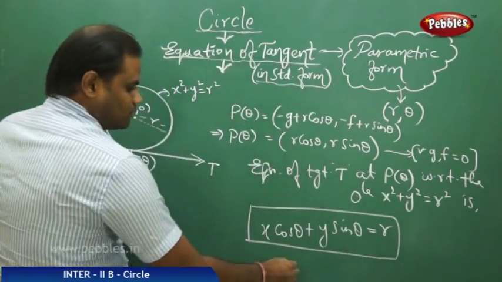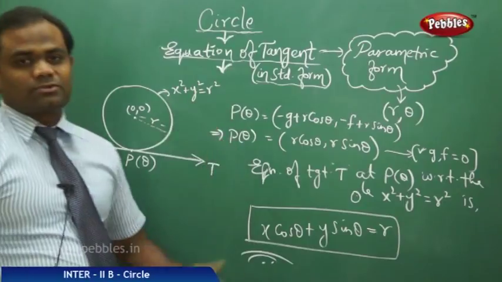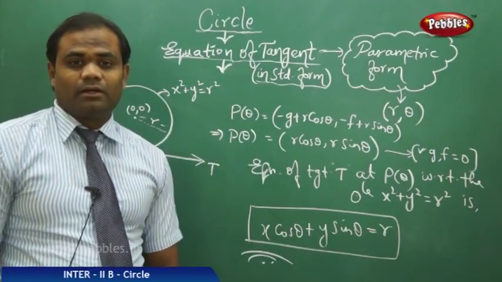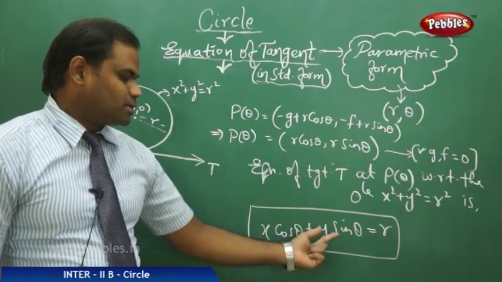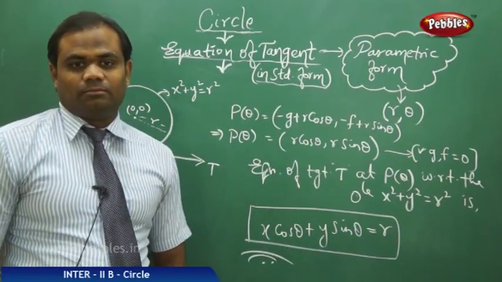This is how we understand the equation of tangent at point P(theta) for the circle x squared plus y squared equals r squared in standard form. x cos theta plus y sin theta equals r is the parametric form.